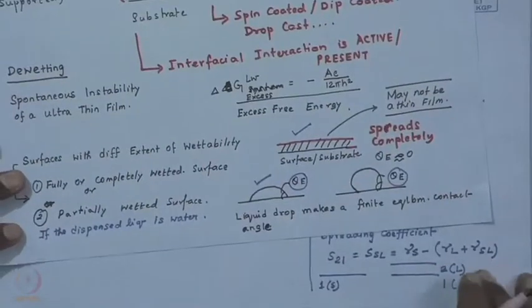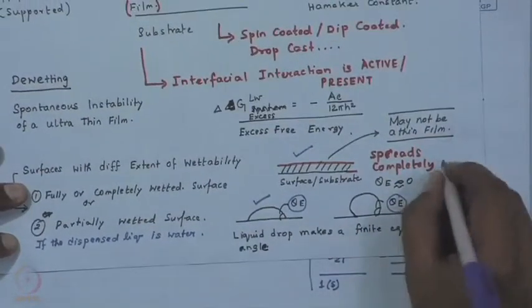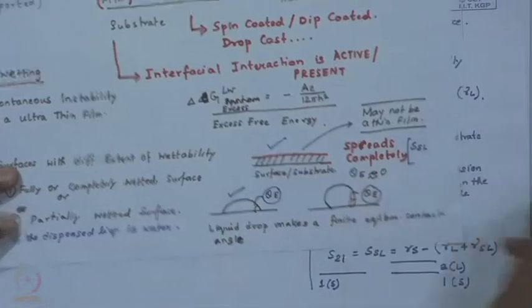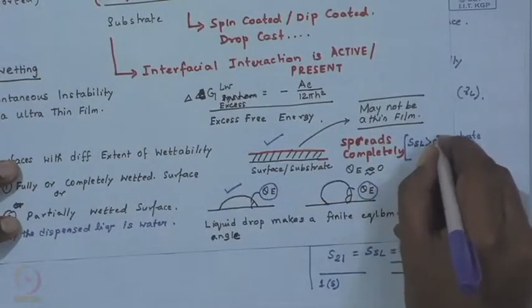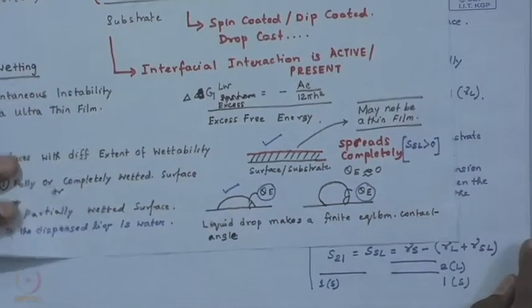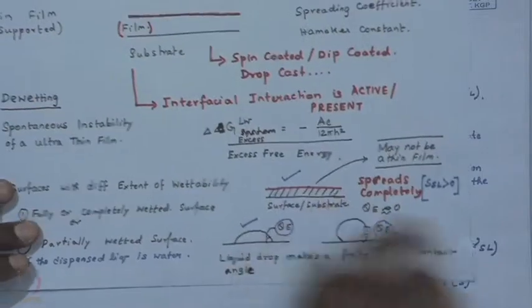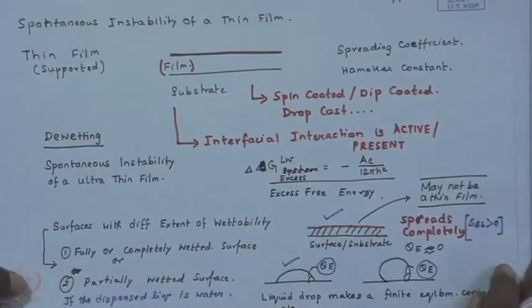in terms of preferential wetting and spreading coefficient, you can immediately now understand that for a system like this where there is complete wetting, the spreading coefficient is greater than 0, it is positive. Okay. Because what happens is you have a high surface energy substrate on which a lower surface energy liquid would spread completely.